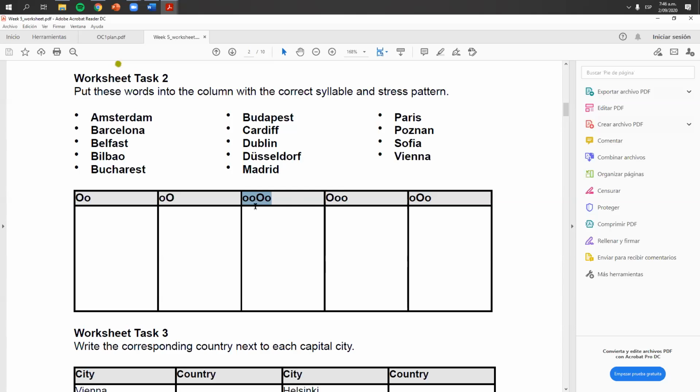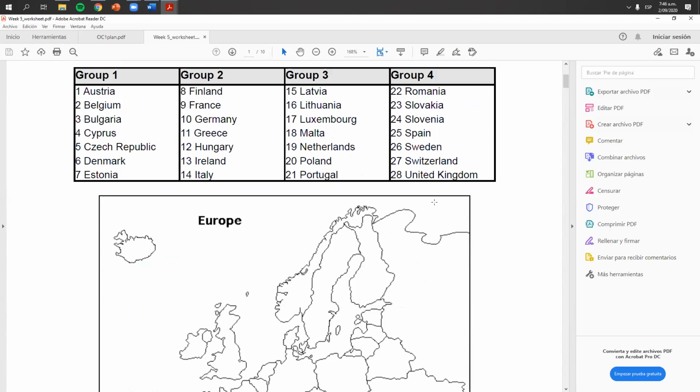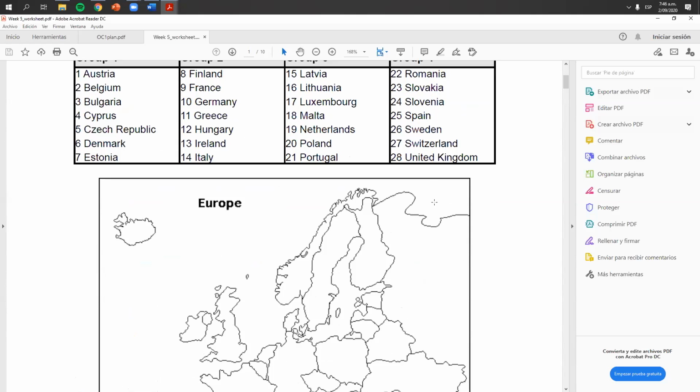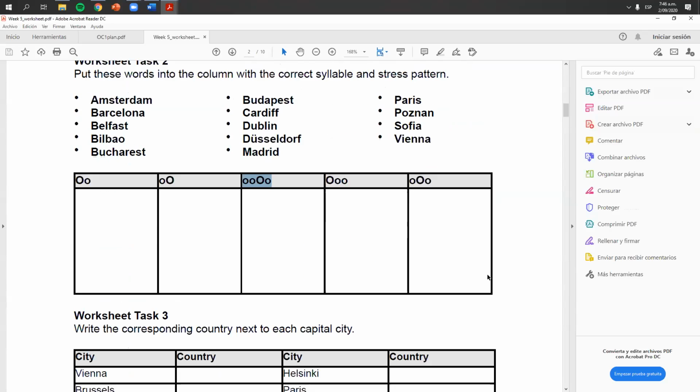So yes, it would be valid if we leave it here. Something similar happens with the United Kingdom. So it's like 5 syllables there. I don't think we have any with 5, I'm sorry. But anyway, that's more or less how it works.